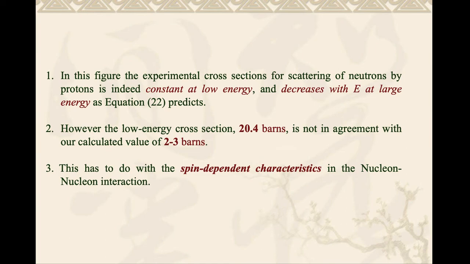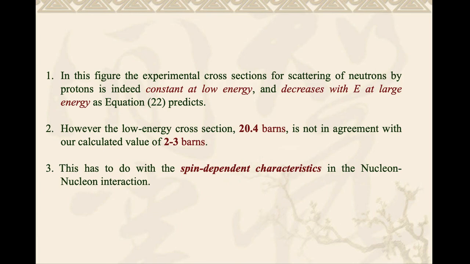So we will consider the spin dependence and try to correct our expression. What the result will be, we can see in the next class. What we have done is discuss the neutron-proton problem and arrive at some fundamental concepts.